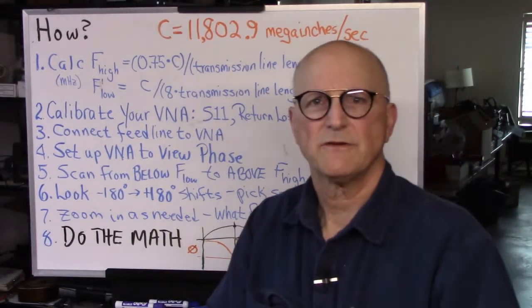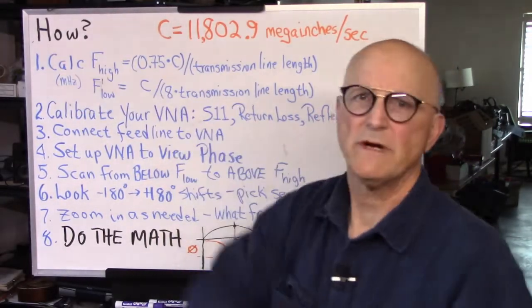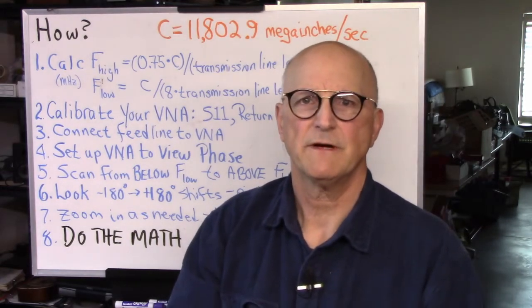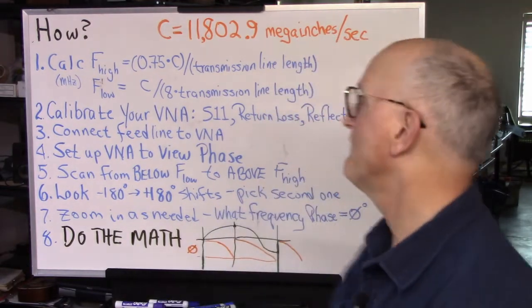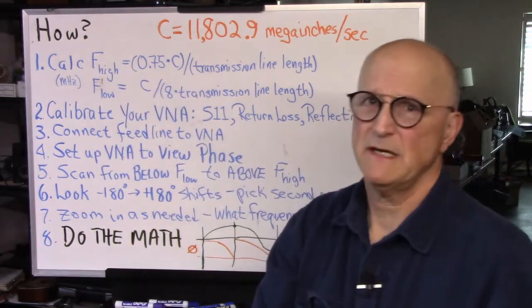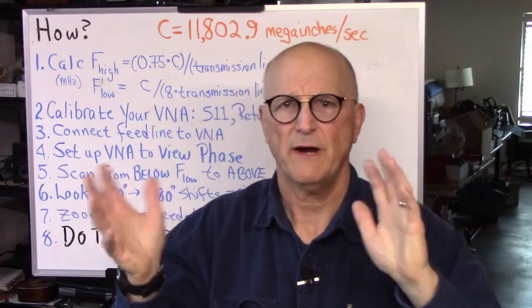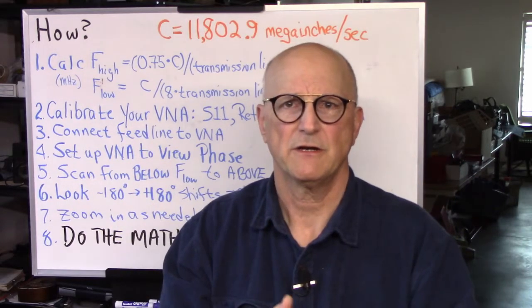Now we're going to answer the question as to the how. What are the steps for going through and determining the velocity factor of your transmission line? Well, this first step is kind of optional. You can choose to just ram around and scan and try to determine this.